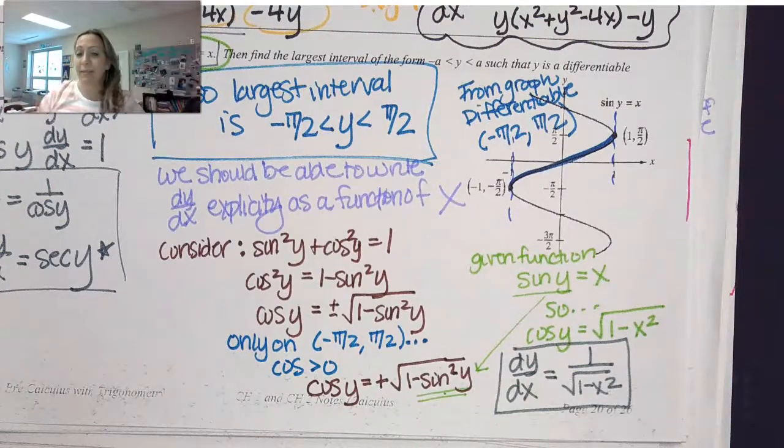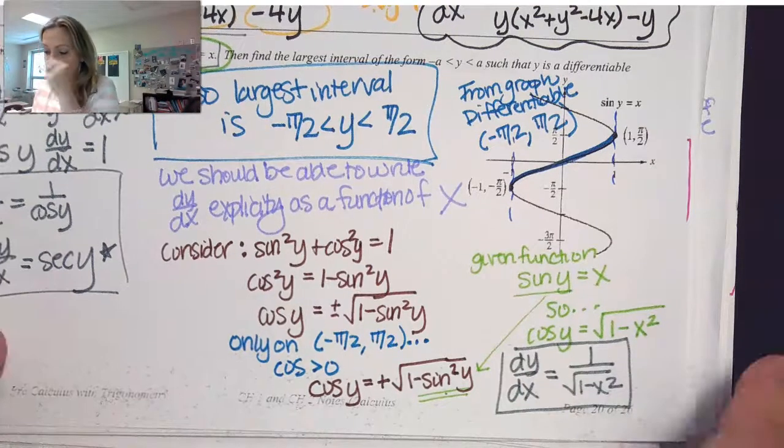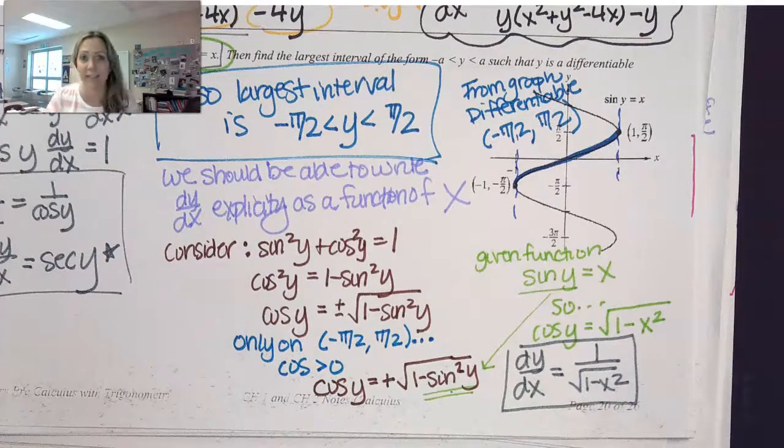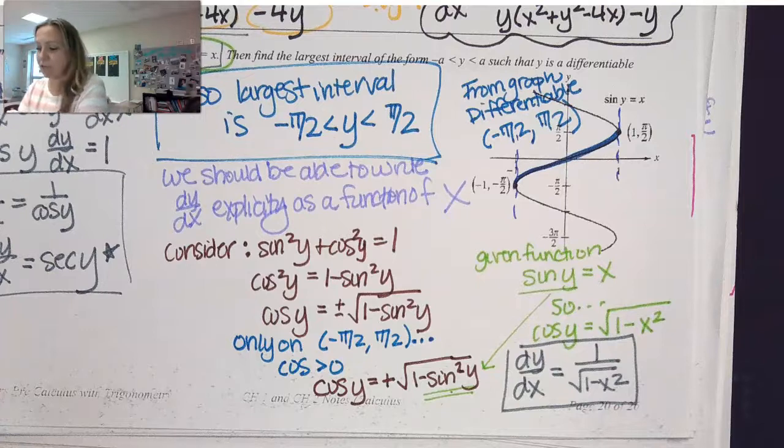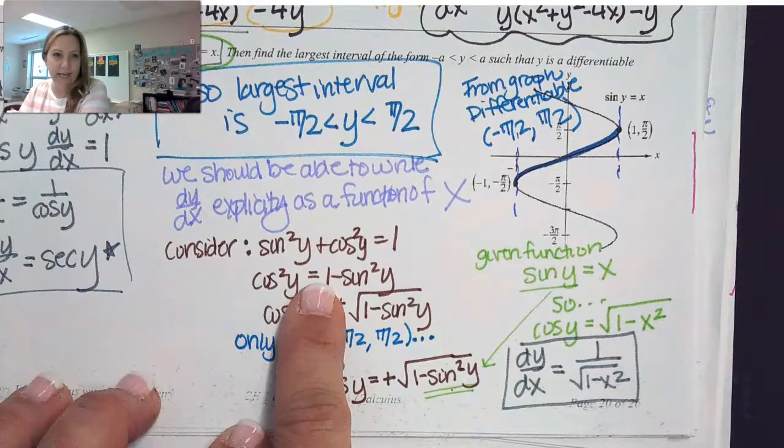Sometimes it might be in our best interest to try to write it in terms of one variable versus another, and sometimes we'll have to be a little tricky as far as that goes. These are not things that I think would be intuitive at the start. A lot of times when we're stuck, those Pythagorean identities can help us out a little bit.